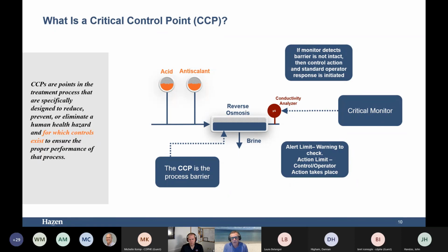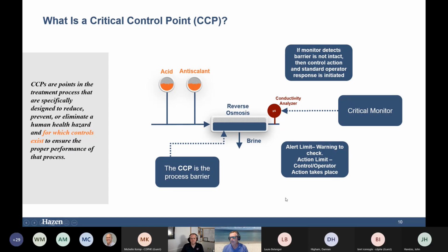In many cases, you will have multiple treatment processes in parallel. So if you have an RO system or an MF system or carbon filters, you may have a number of those in parallel. You will be monitoring perhaps each one, which gives you the opportunity to only work on the particular specific filter or RO unit that might be giving you the issue at the time, and take the responses and actions on that.